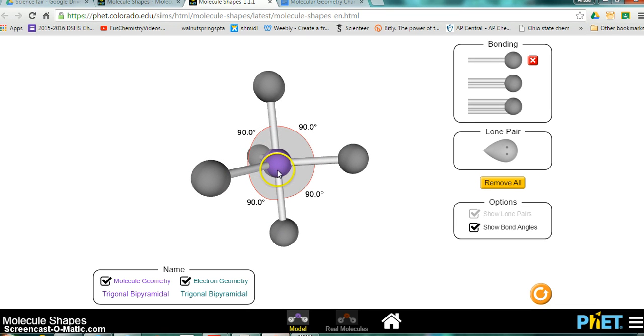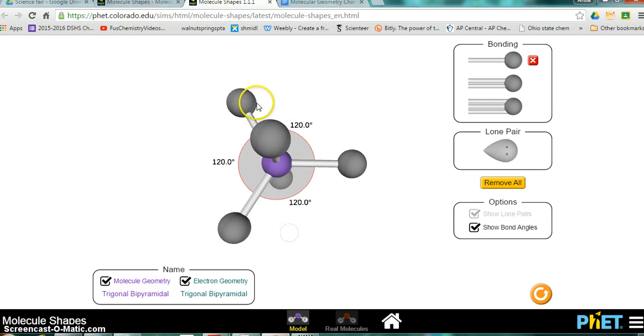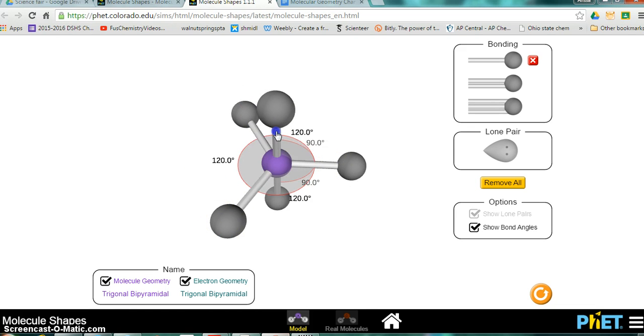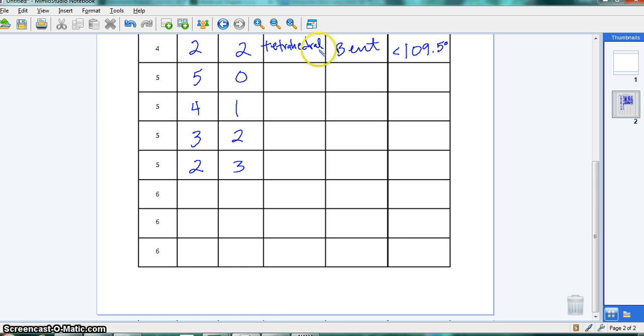And we have 2 different bond angles. Our bond angles here, as you can see, are 90 degrees. But if we look at the molecule from the top, the 3 that are in the middle are 120 degrees from each other. So we have 2 different bond angles. So let's come back over here. In our electron domain geometry, it's going to be trigonal bipyramidal.